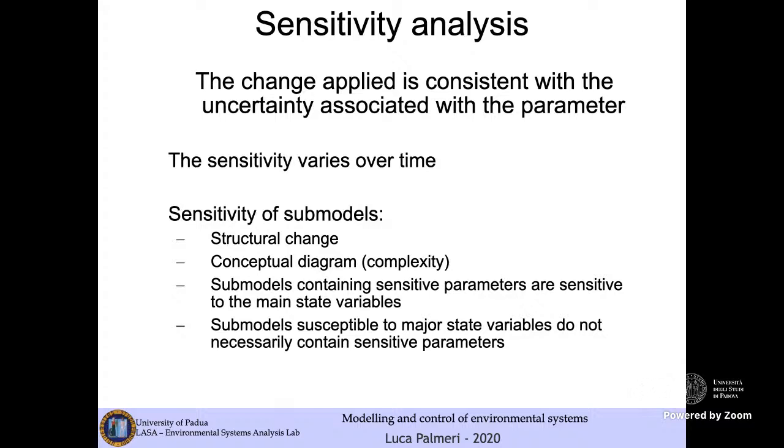That means that if a sub-model contains a parameter that is sensitive, then the sub-model itself is sensitive to the main state variables. The reverse is not always true. Some models that are susceptible to major state variables may not necessarily contain sensitive parameters. That means that sub-models may somehow buffer or absorb the effect of variation of the parameters that appear in the sub-model.